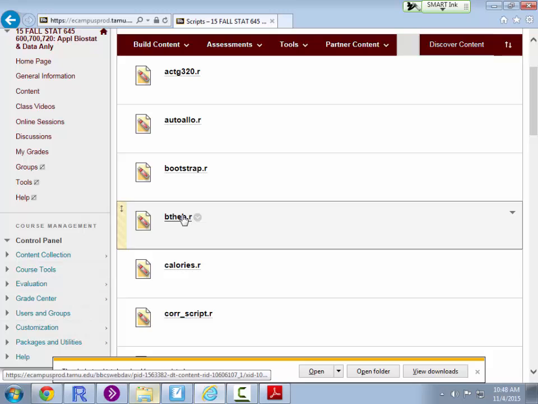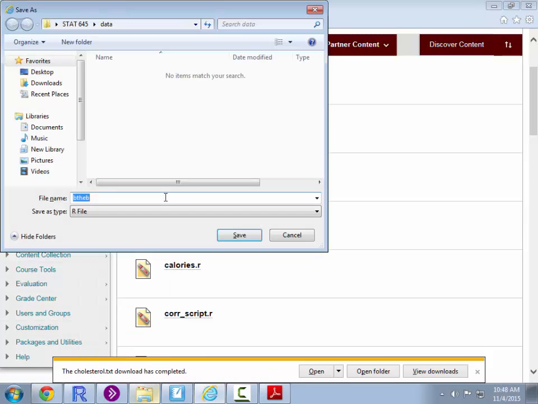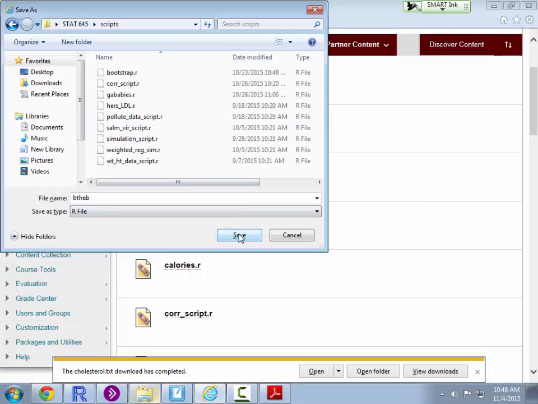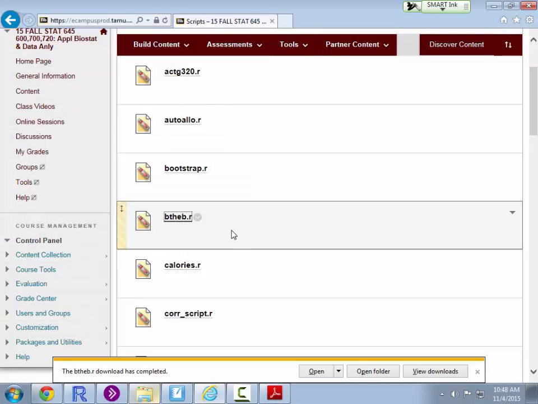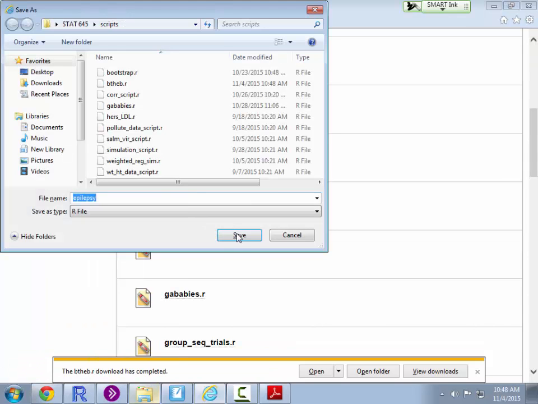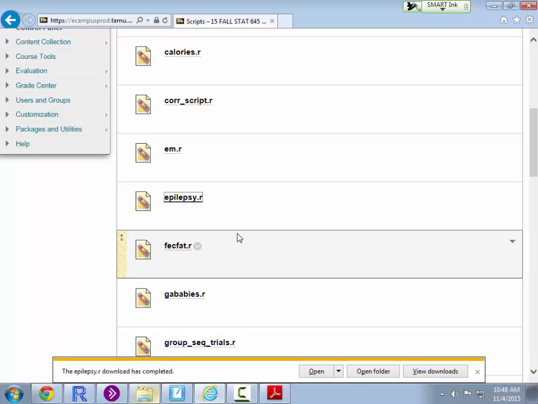There we go. Here's one example. Scripts. I want beat the blues. I want epilepsy. And what's the other one? Respiratory.